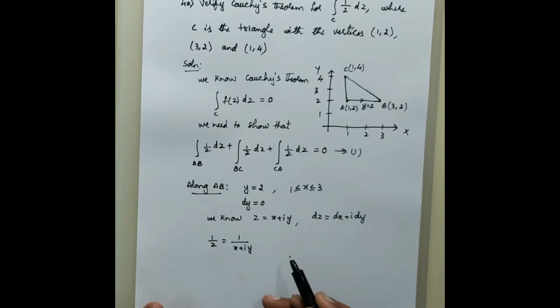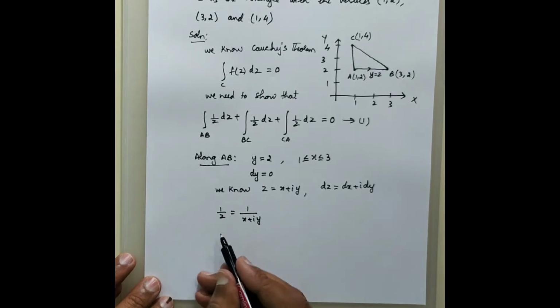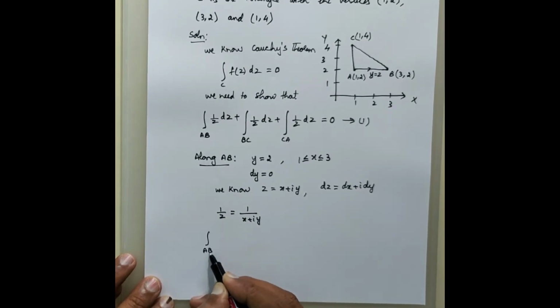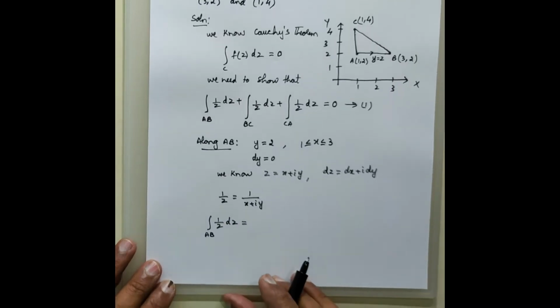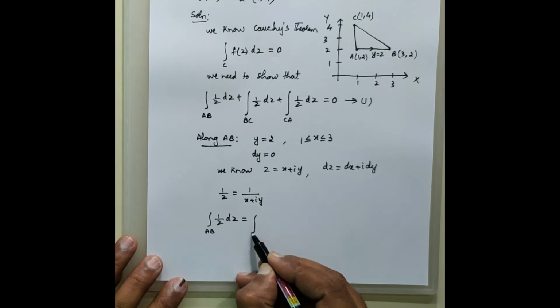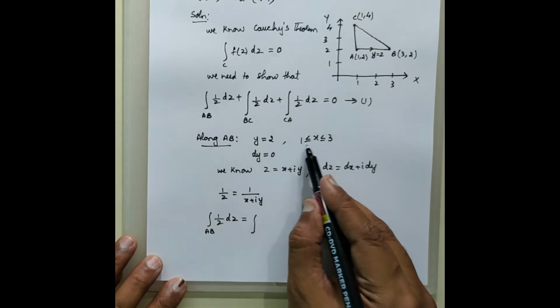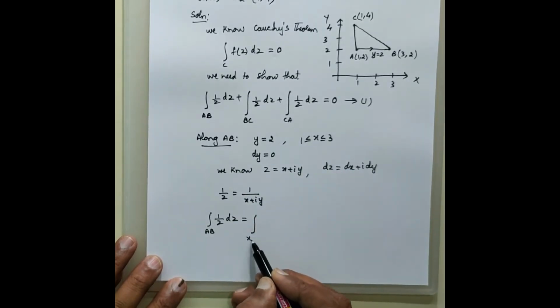But the value of y along AB is 2. So try to plug in y equal to 2. So along AB, the integral of 1 by z dz will be the integral with x ranging from 1 to 3.